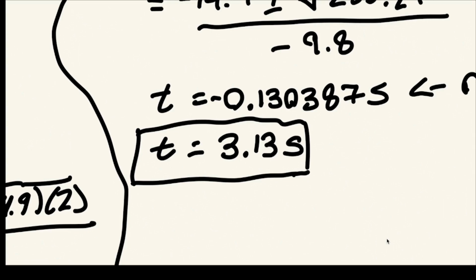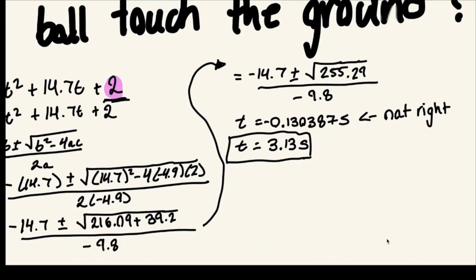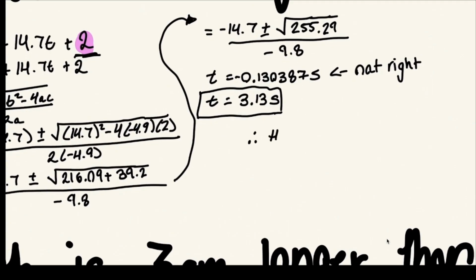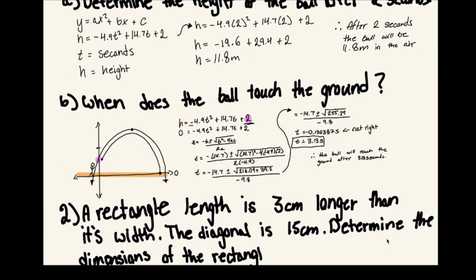So, therefore, this value with the negative is not a solution, but this value here, t equals 3.13 seconds, is a solution. So if we write a therefore statement, therefore 3.13, my bad, seconds. And that's it for that question.